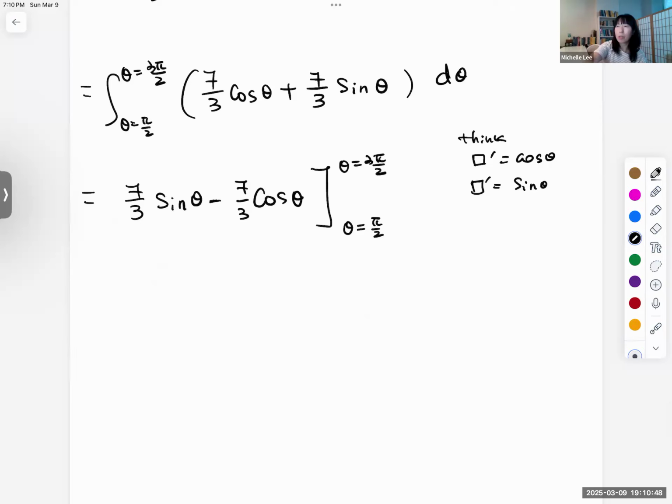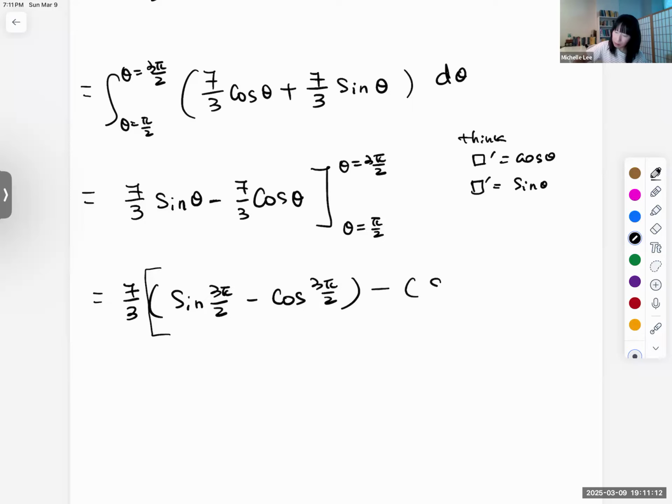Okay, so can you please think about that? What is the pi over 2 and 3 pi over 2? So that will be 7/3 sine 3 pi over 2 minus cosine 3 pi over 2, minus sine pi over 2 minus cosine, sorry, pi over 2, right?